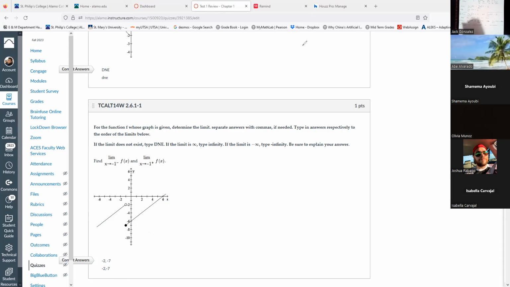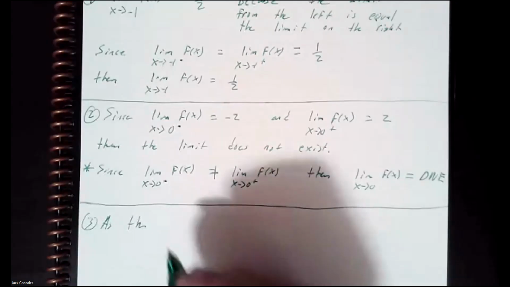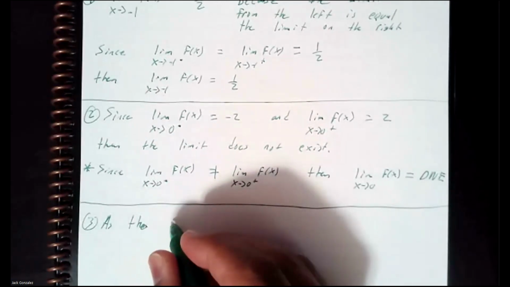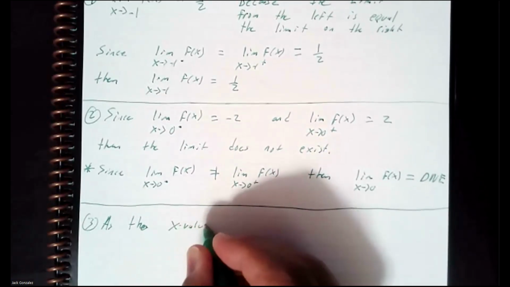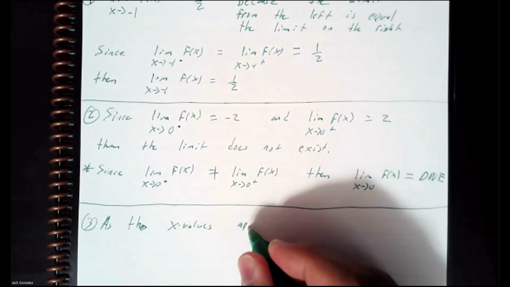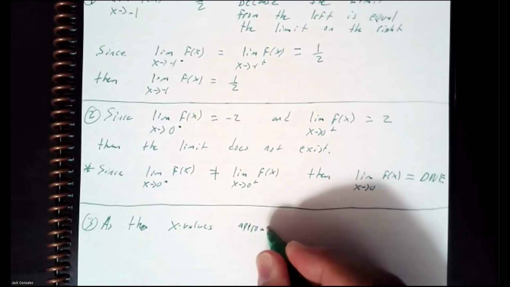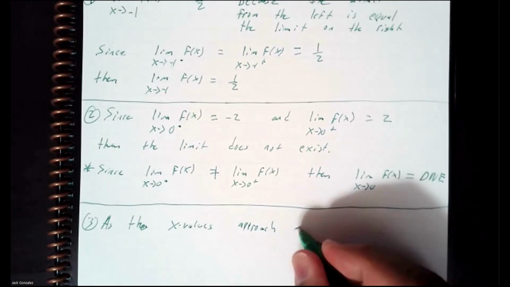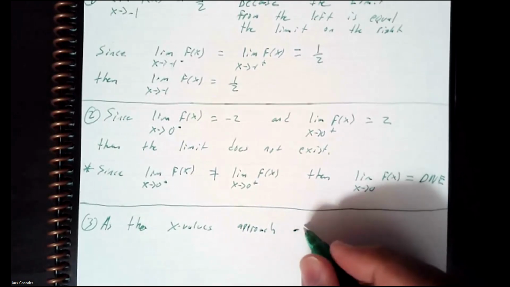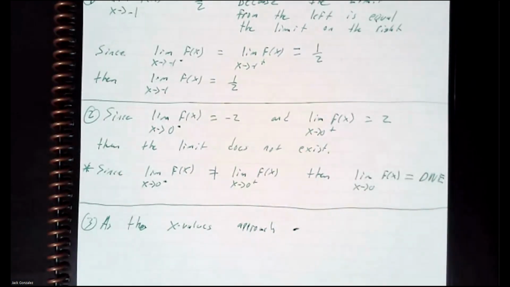So you could just simply say as the x values approach -1, was it -1, right? Yes, I guess. Okay.